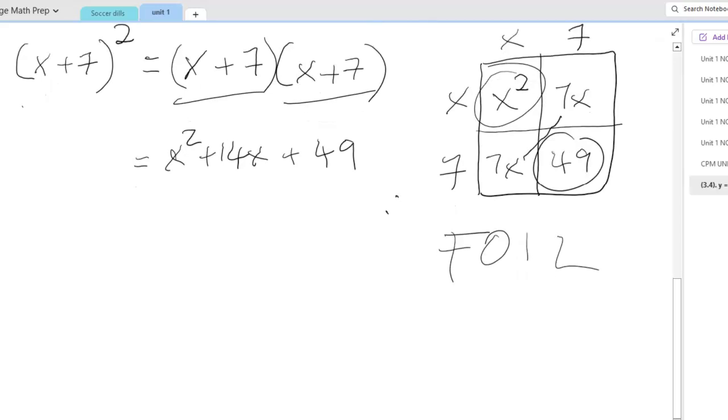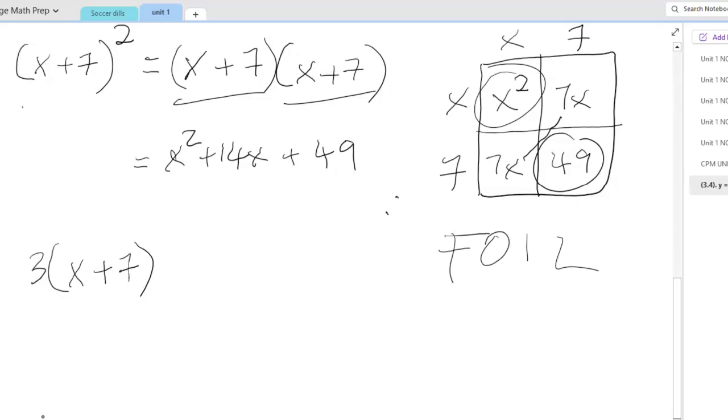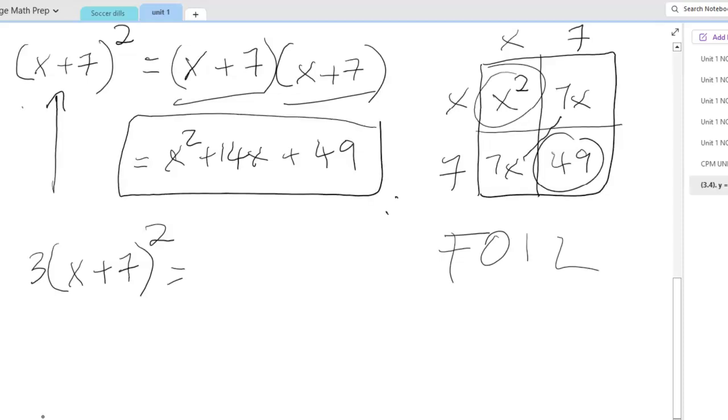Now, the thing that gets tricky here is if I give you a problem like, let's say 3 times x plus 7 squared. Now you've got lots of work to do. But here's the thing. A second ago, didn't we just say that x plus 7 squared ended up being all of this?